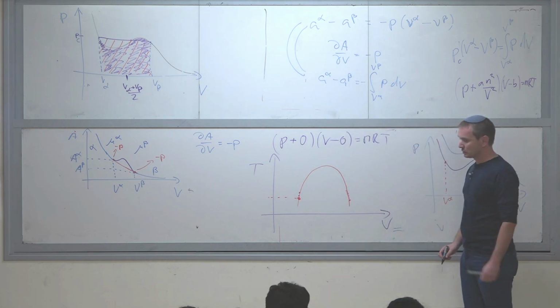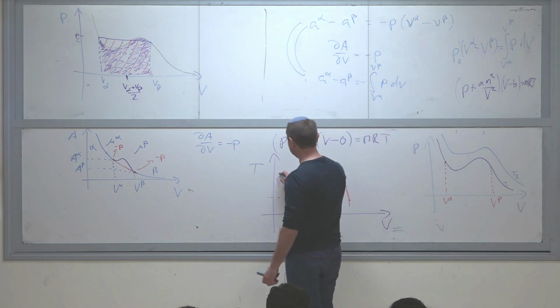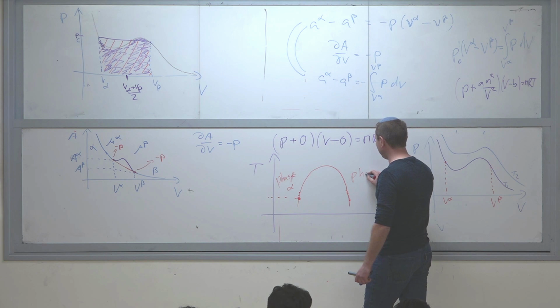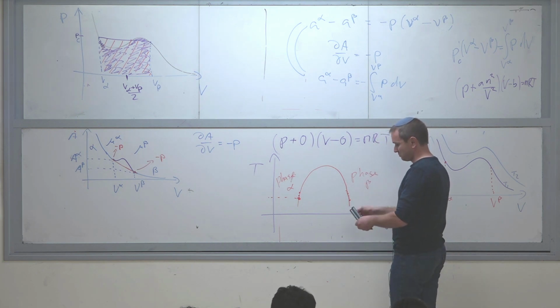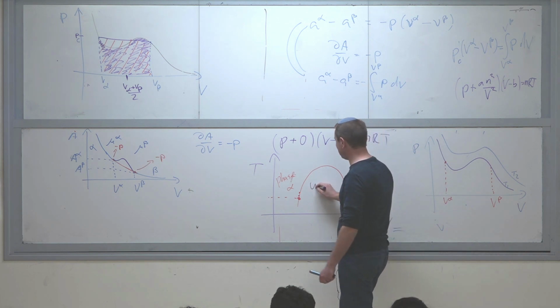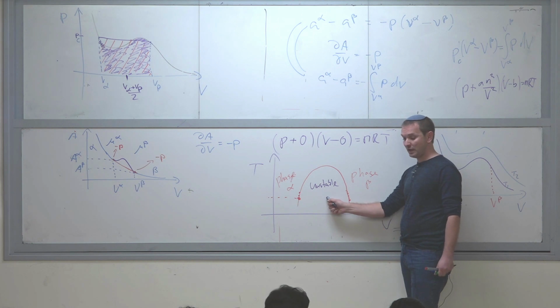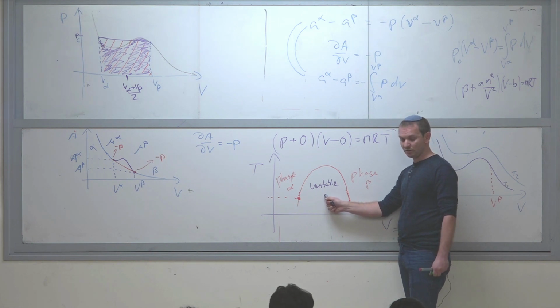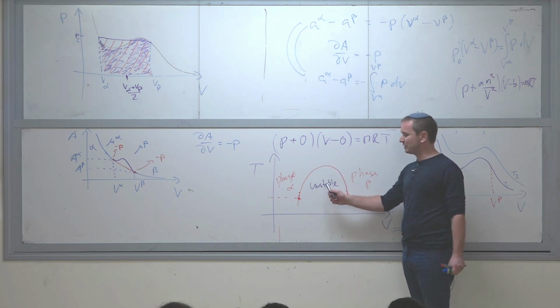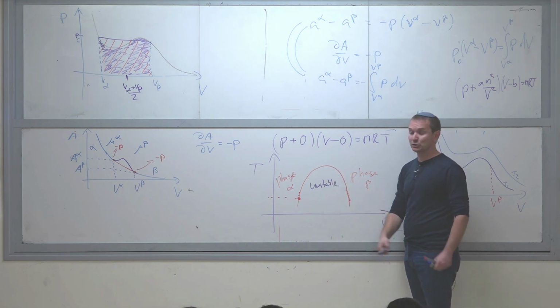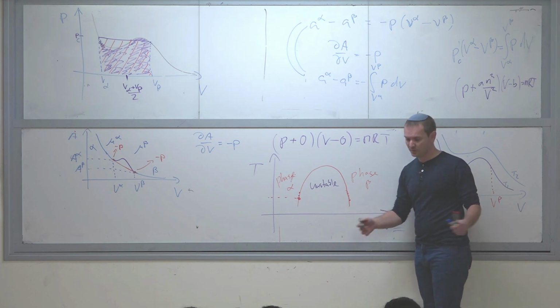Okay? So here is phase alpha. Here is phase beta. Here is the unstable situation. There are no volumes at specific temperatures where the system is all homogeneous, one medium, with a given volume, a given pressure and a given temperature. It does not exist, because it's a mixture, right?